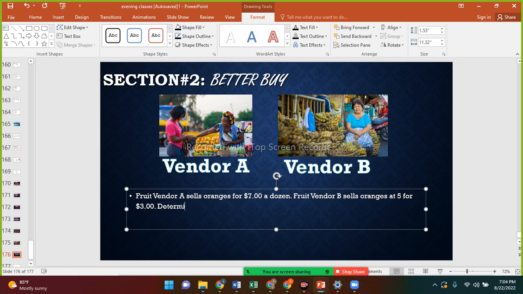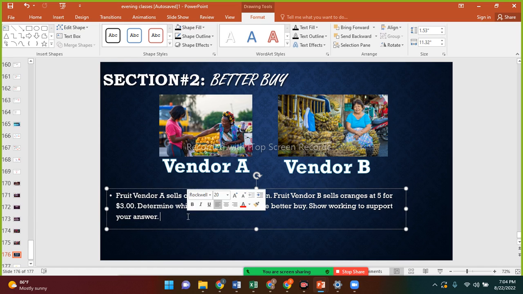Determine which fruit vendor gives the better buy. Show working to support your answer. Okay, so this is our first example.